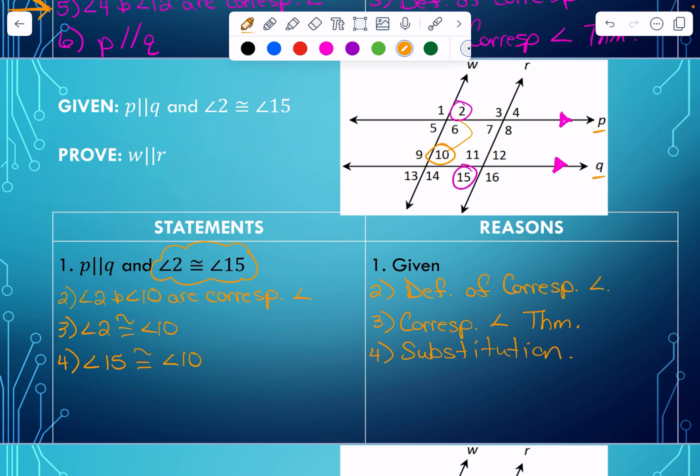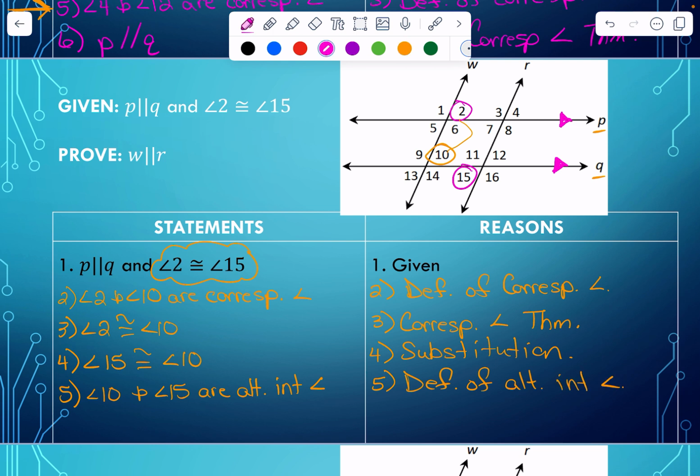Okay, now once we know that, we need to state what the angles are. So angles 10 and 15 are alternate interior angles, and that is by definition of alternate interior angles.